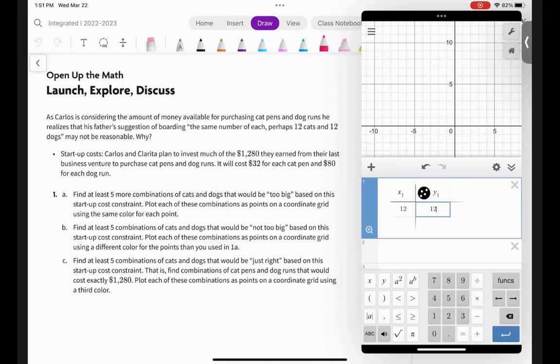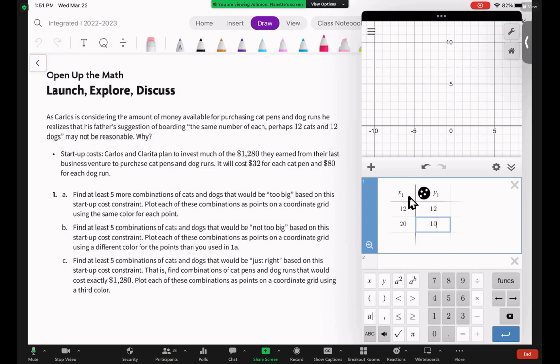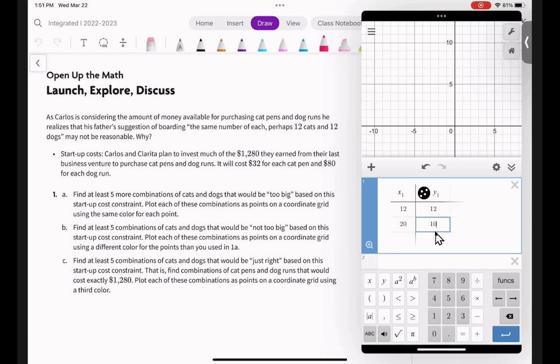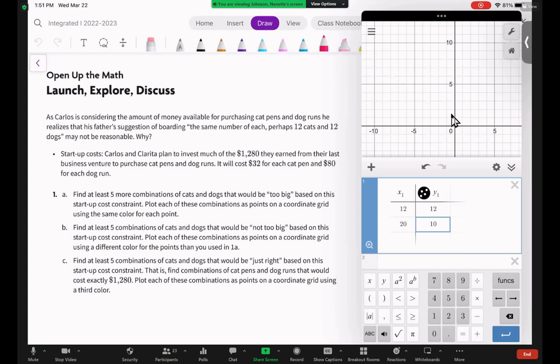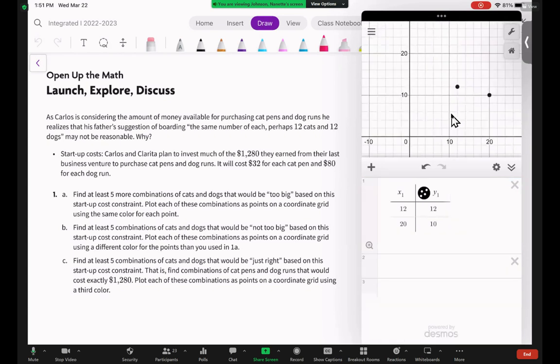Good. Yeah, someone said 20 and 10 don't work. Good. Sorry, I guess I should say X is my cats and Y is my dogs. Okay, and if you look here, there's where my 2 points are.